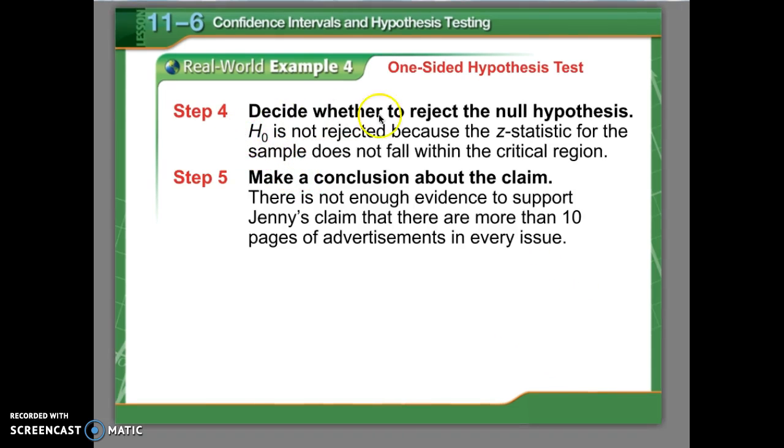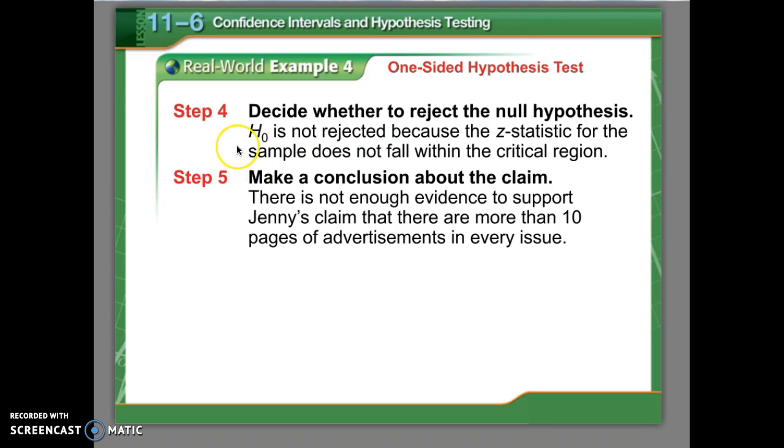So step 4, do we reject the null or not? The null hypothesis is not rejected because the z-score is not in the critical region. The only time you reject the null hypothesis is if your z-score is in the critical region.